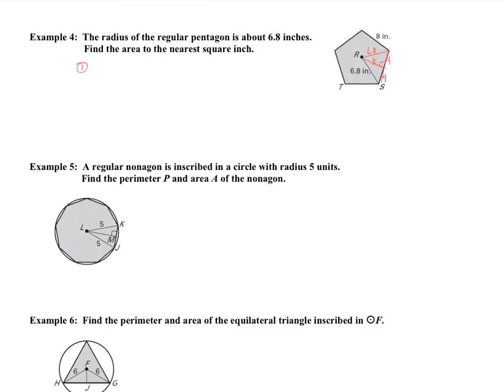So I'm going to again use the Pythagorean theorem. X squared plus 4 squared equals 6.8 squared. So x will be about 5.5. And now I want to find the perimeter, which is equal to 5, so there's 5 sides, times 8, it's 40.